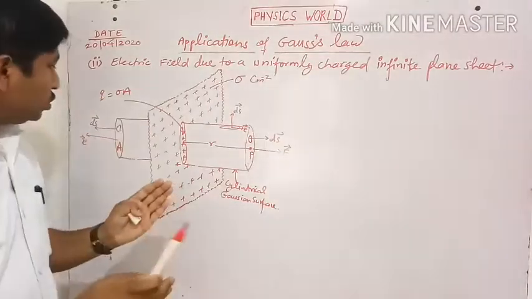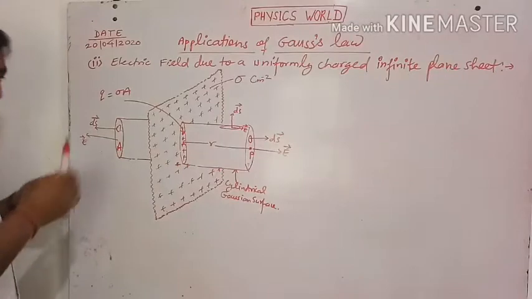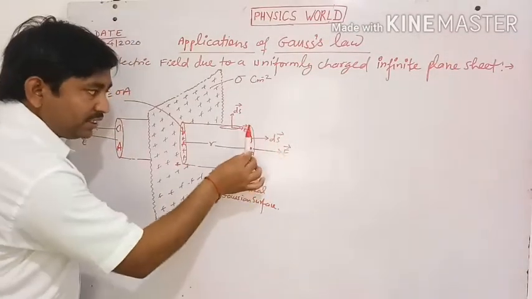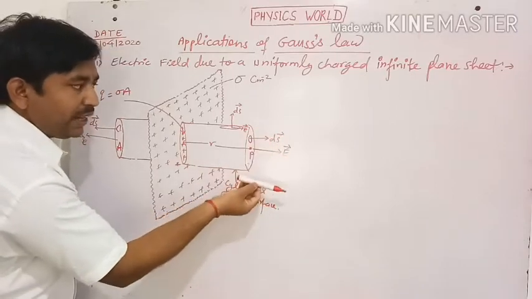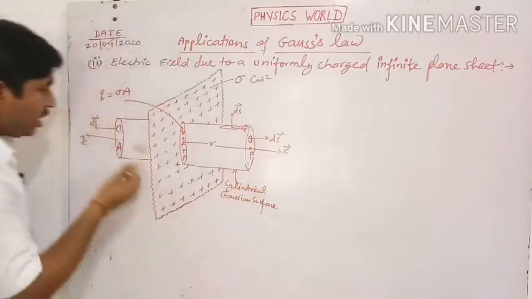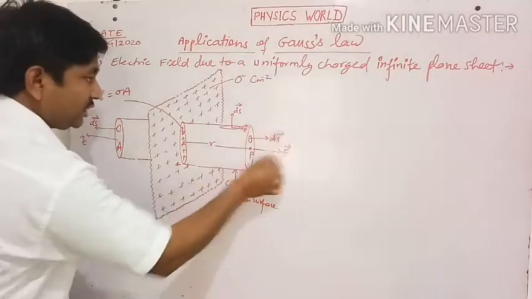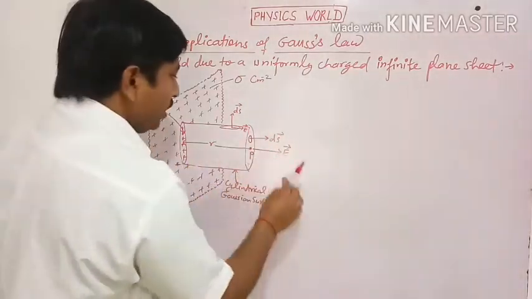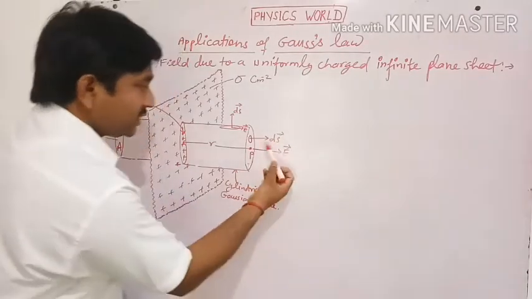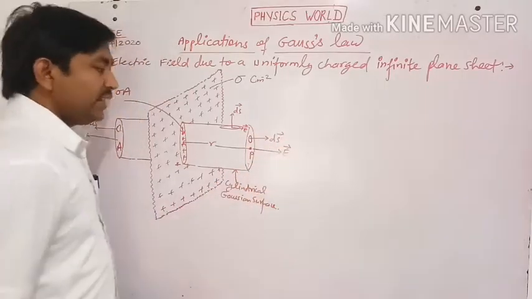Now, the total electric flux passing through this plane end will be integration of E ds, since for this plane surface, the direction of E and ds both are parallel. So the angle between E and ds is zero, and the total net flux passing through this surface will be integration E dot ds, that is integration E ds, and the total area of this surface is A, so the total electric flux will be EA.